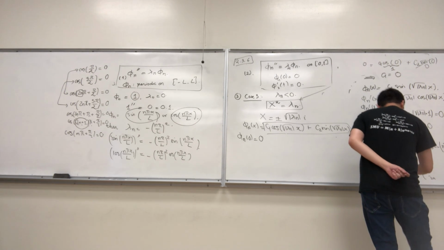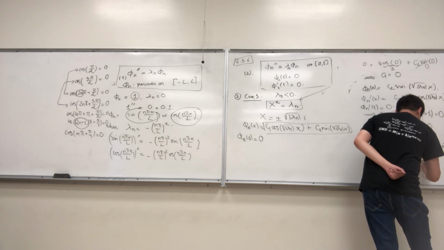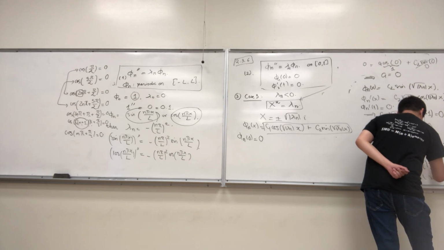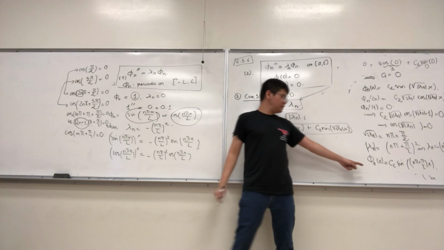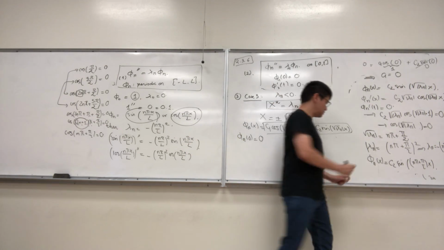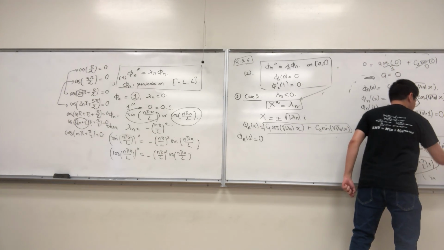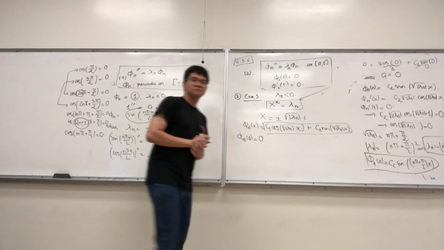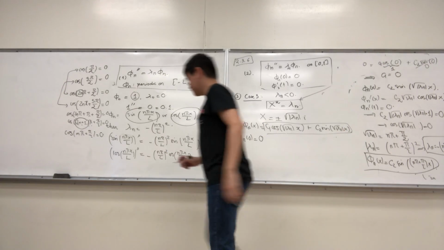So basically this gives me sinus of n pi plus pi over 2 x. Alright? These will be the eigenfunctions, and this will be the eigenvalue. Right? Now I'm gonna put everything here and I'm gonna summarize.